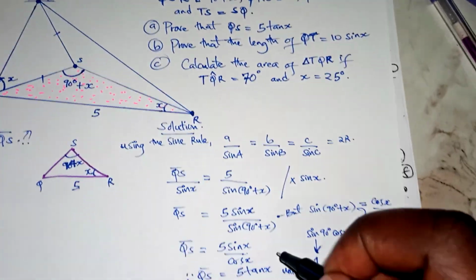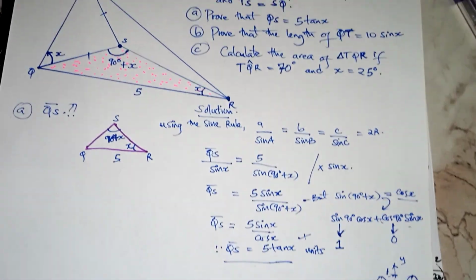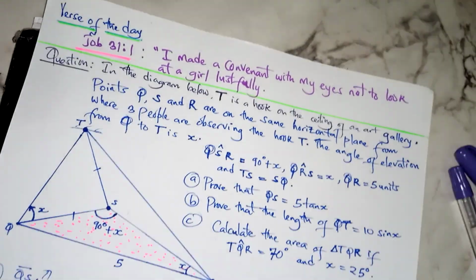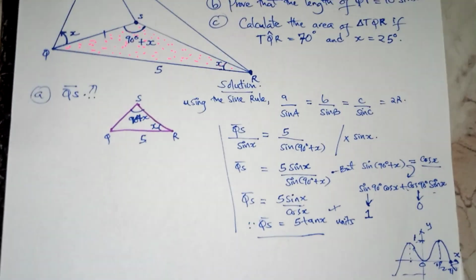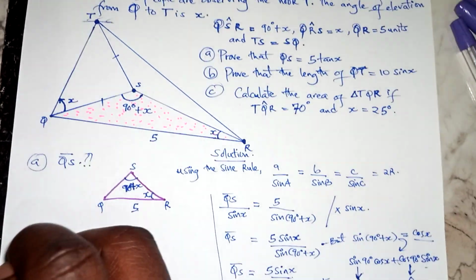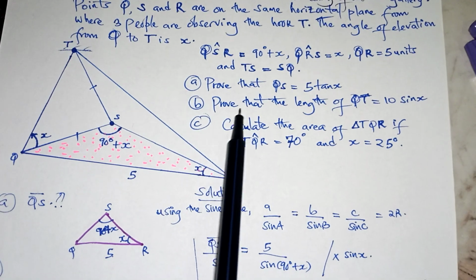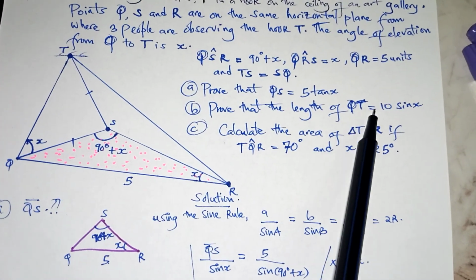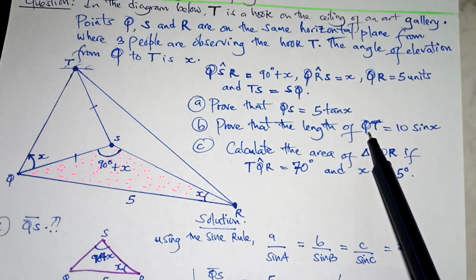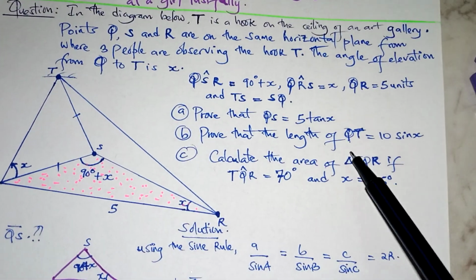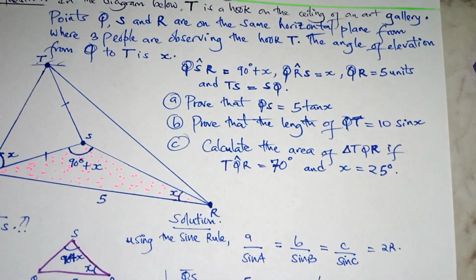Since we've proved that one, we can give ourselves a half mark. Yes. Part B. Let's go to part B, guys. Straight away. Let's prove that the length of QT.